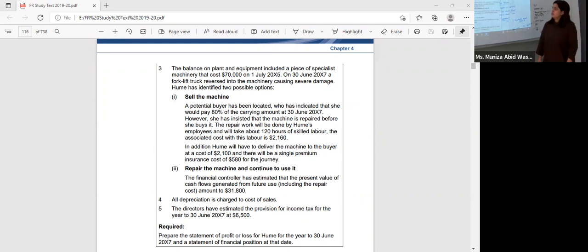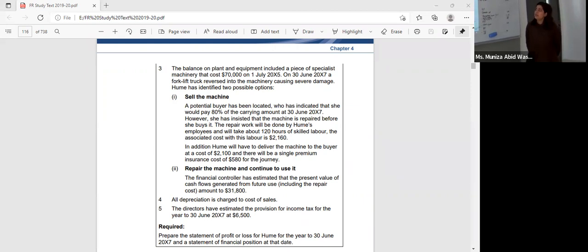Now the first option is to sell the machine. A potential buyer has been located who has indicated that she would pay 80% of the carrying amount at 30th June 2007. First, calculate the carrying amount of that part of the plant and equipment at 30th June 2007. The balance on the plant and equipment included a piece of specialist machinery that cost 70,000 on 1st July 2005.